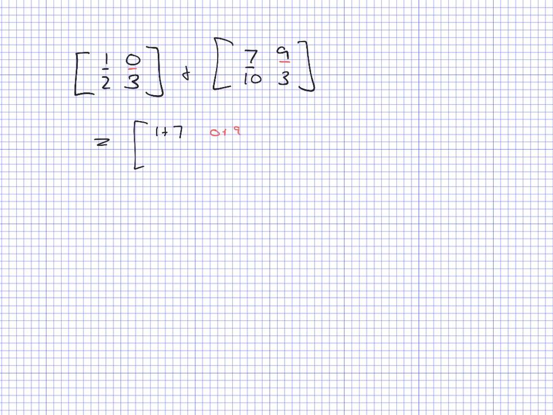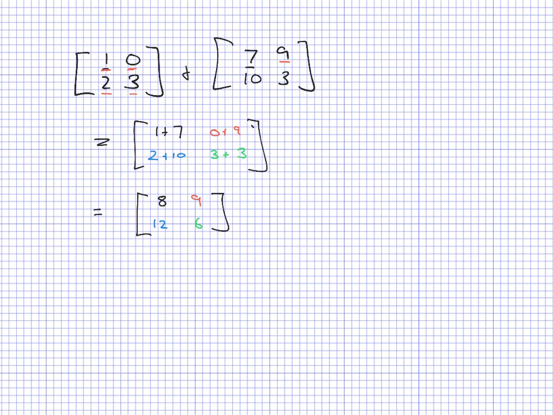And then you might have 2 plus 10 sits there because they're in the same position as they began. And the last one is 3 plus 3. So your new matrix looks like this. You'll have 8, 9, 12, and 6.